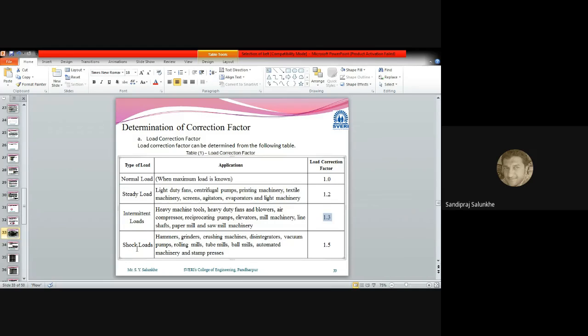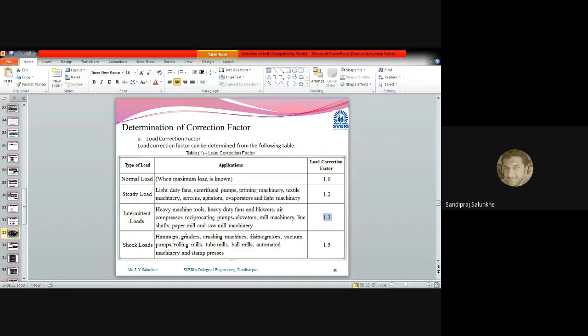Next, shock loads, where the loads are going to vary. And these are more complicated, because in case of fluctuating load, it requires huge assumptions. That will not be the normal design. We have to consider many more factors than the normal design, and these are called shock loads.